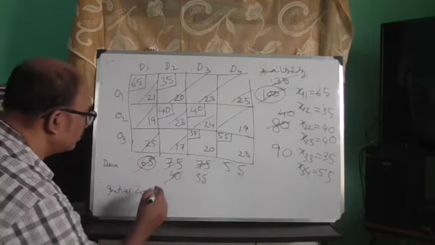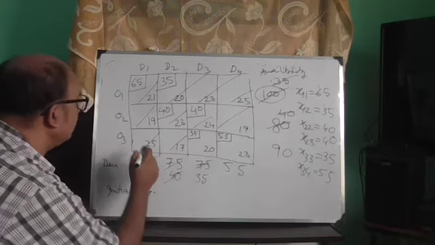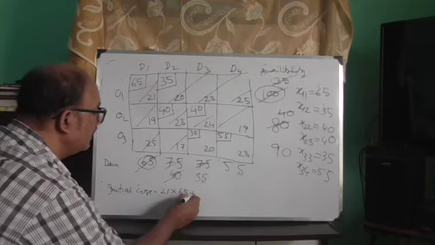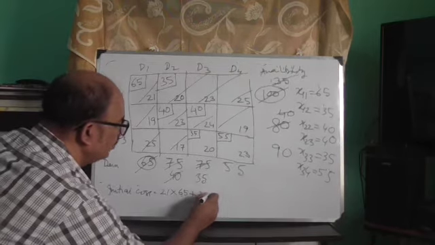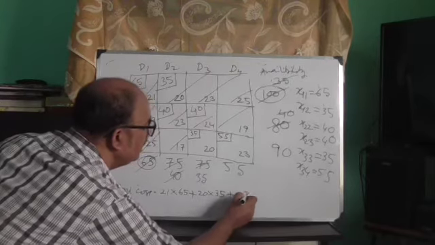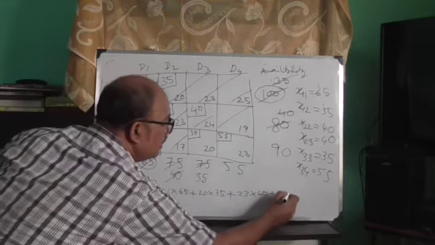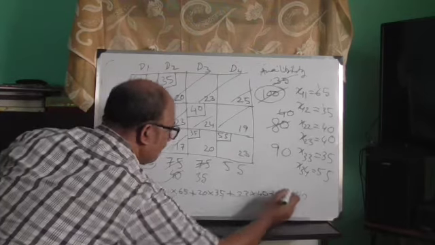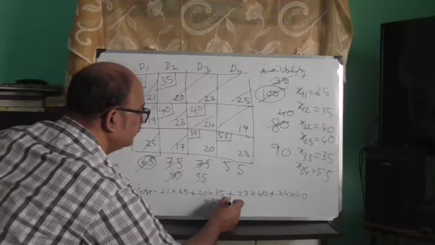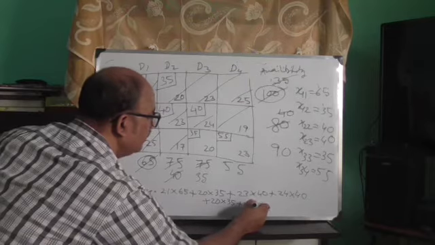So the total cost will be, as we have said, the double summation of Cij into Xij. That is 21 into 65, plus 20 into 35, plus 23 into 40, plus 24 into 40, plus 20 into 35, plus 23 into 55.